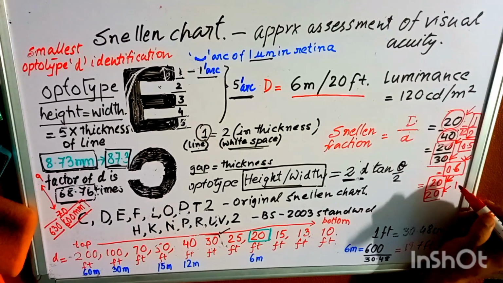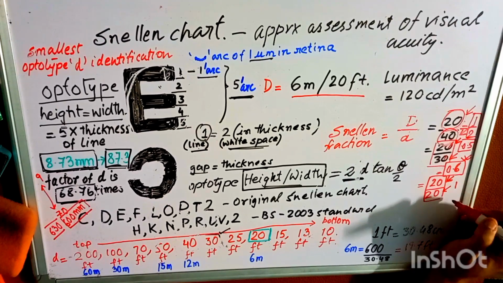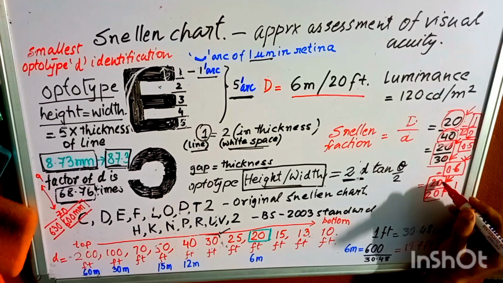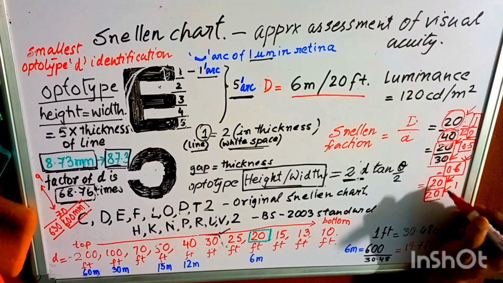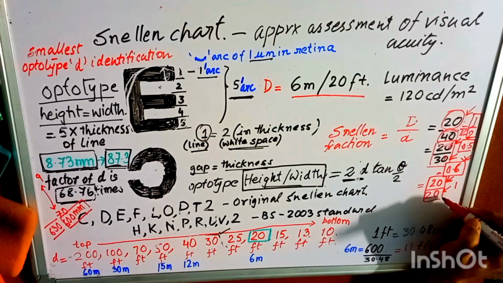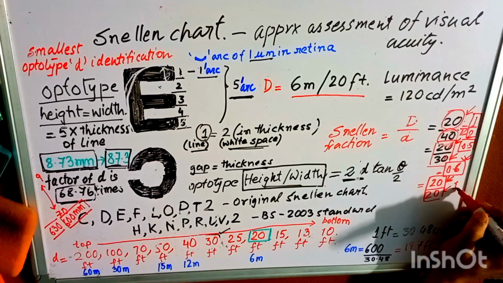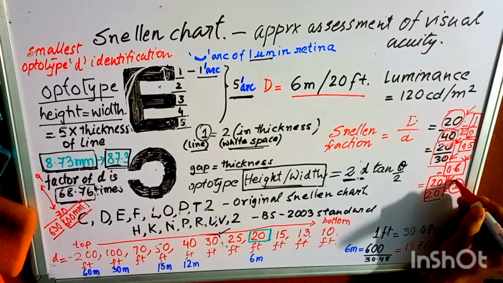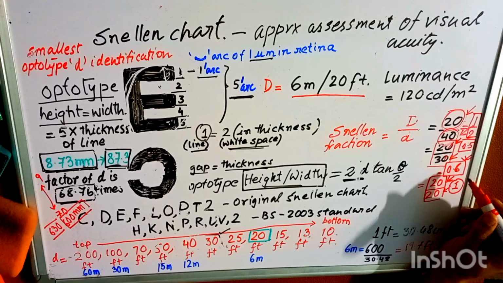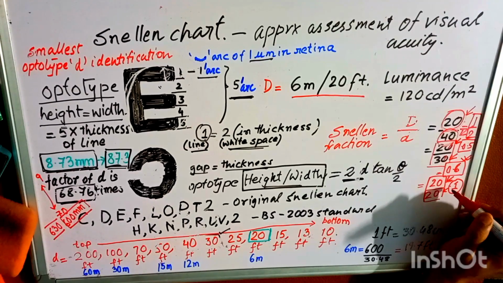If we can't go up to that line which gives visual acuity as 20 by 20 or 6 by 6, fractions where the numerator and denominator are equal and the ratio becomes 1, we say that our visual acuity has diminished.